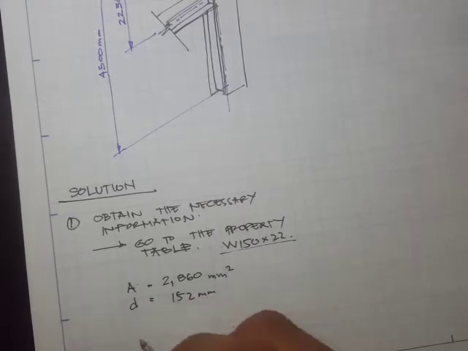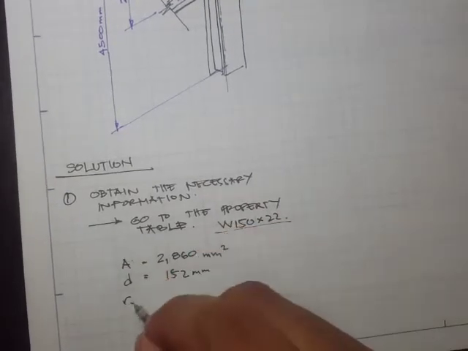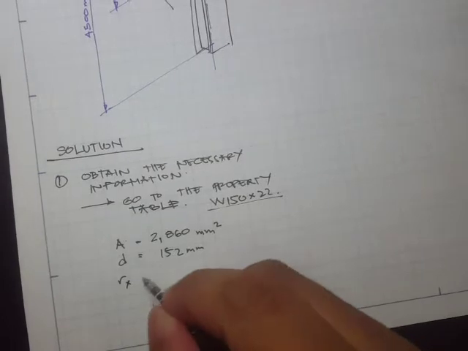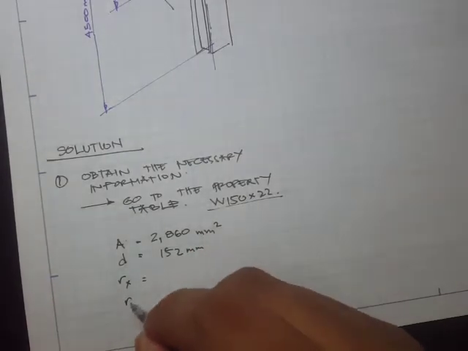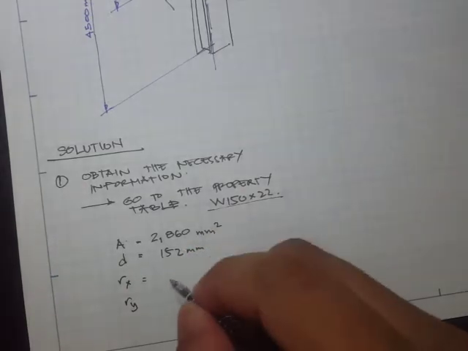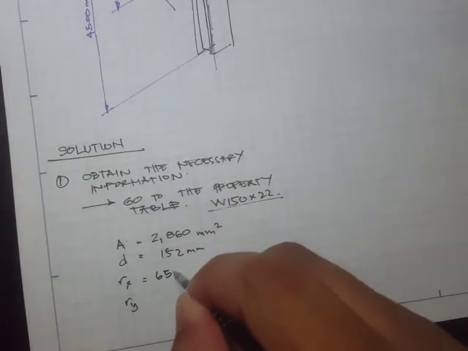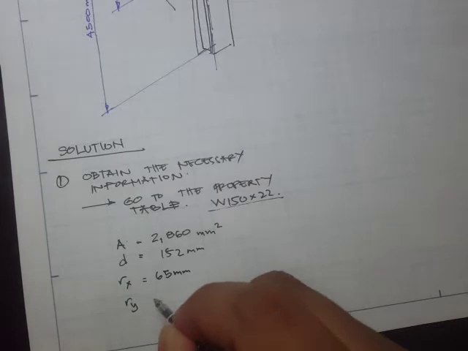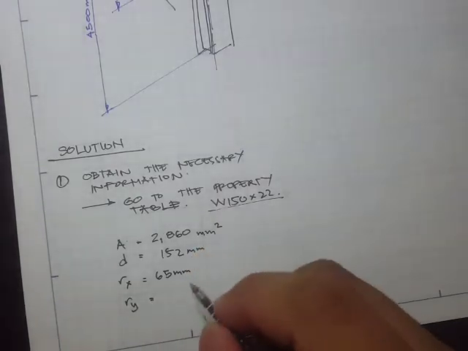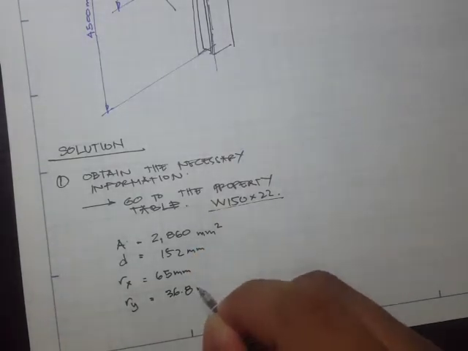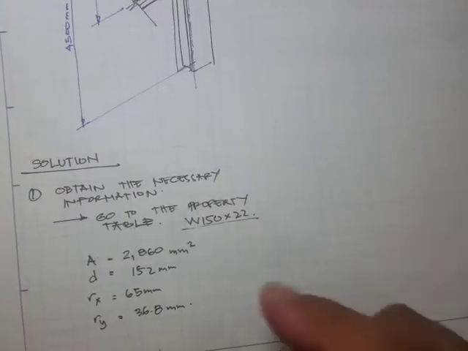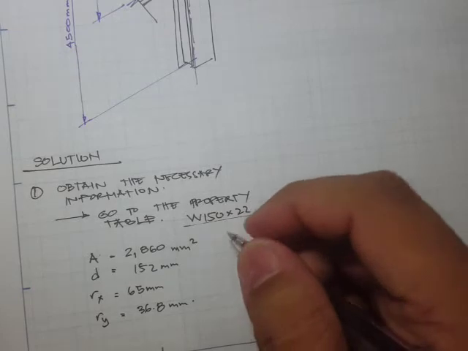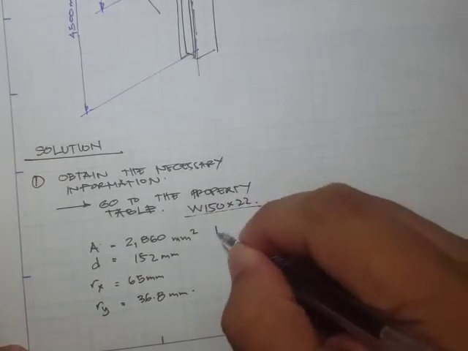What else? We'll also need our radius of gyration, so that's going to be Rx and Ry. For Rx, that's 65 millimeters, and Ry is 36.8. We'll also need the information about the compact section.